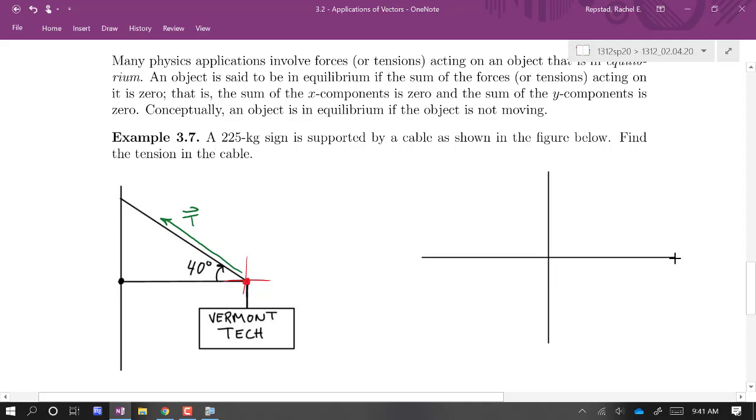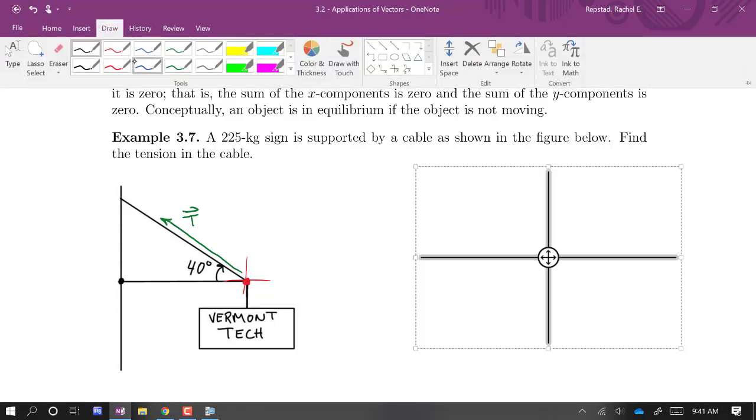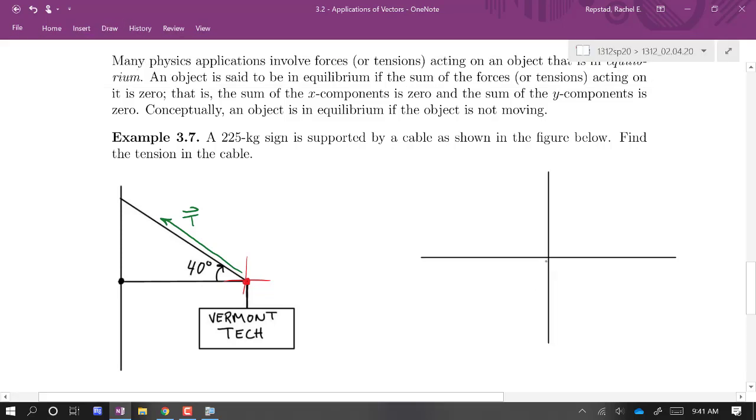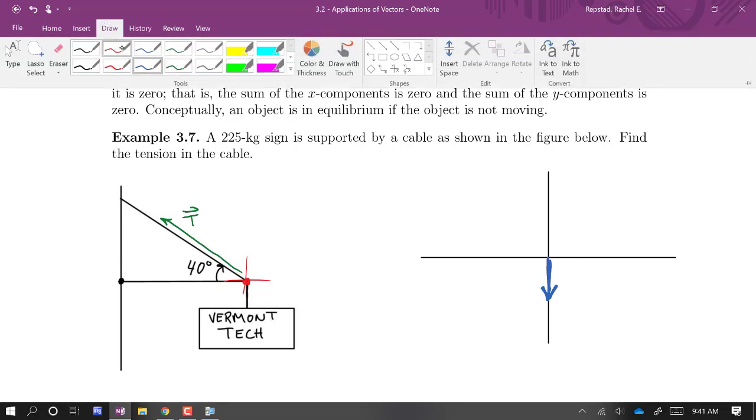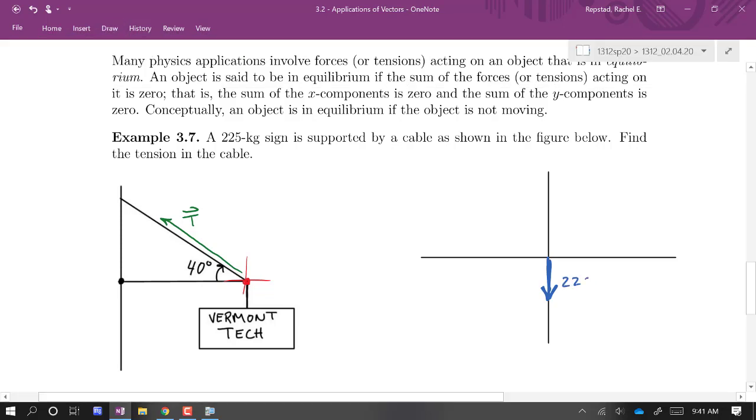When I start a problem like this, I like to draw it on the axes. So I've got this sign, and that sign is all y component. It's 225 kilograms straight down. So I know the magnitude. What's the y component of that vector?